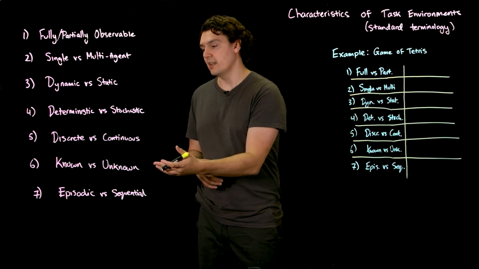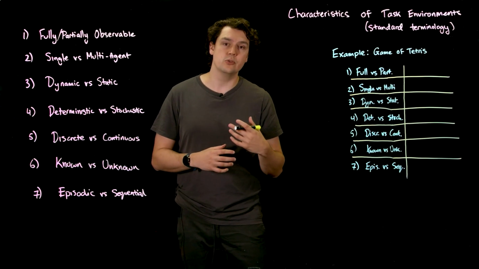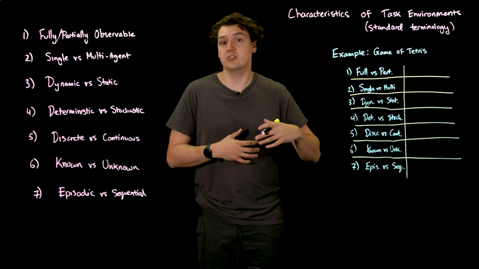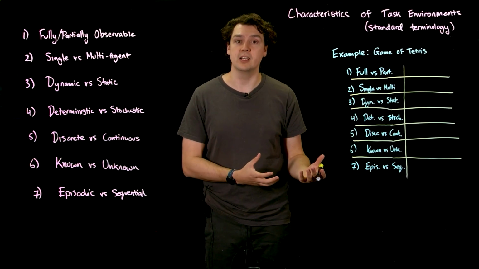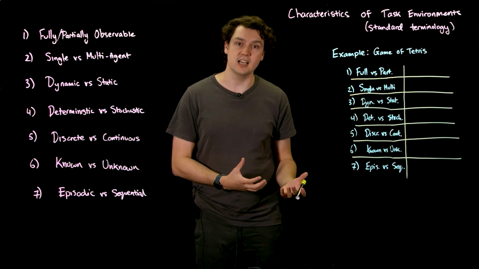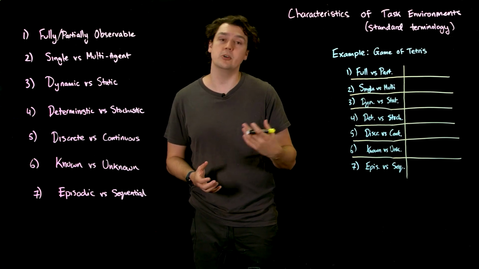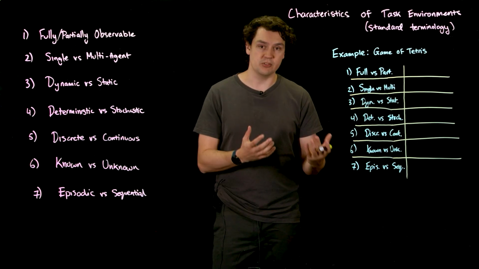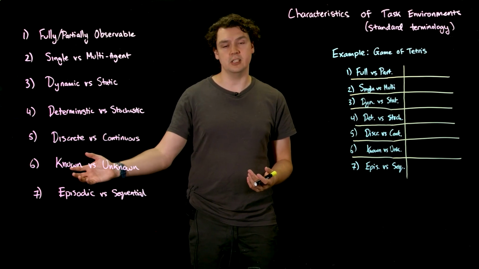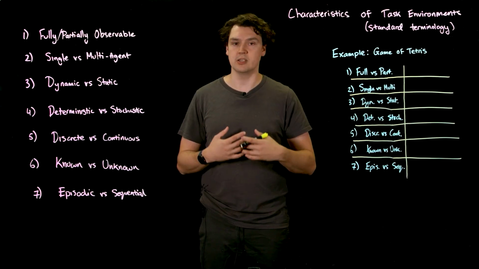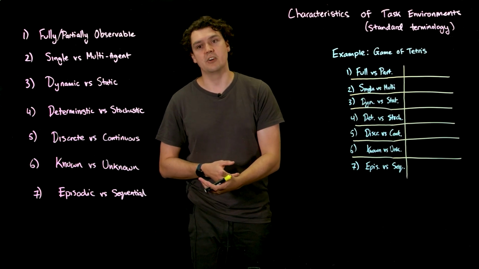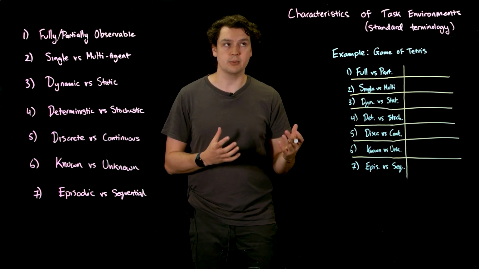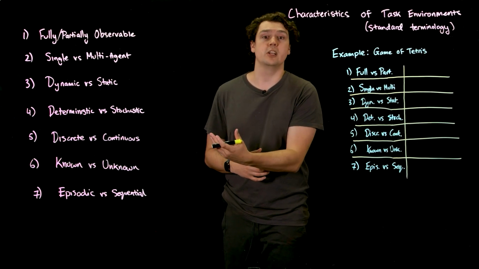An unknown environment is one where you don't know all the rules. So your agent is going to have to essentially learn or build a model or an understanding of how they can interact with the world and what happens when they interact with the world. Especially in pathfinding, we're usually dealing with known domains. We know the movements we can do, we know the environments, and then unknown environments are probably much more like the types of problems you'd solve using machine learning approaches, right?